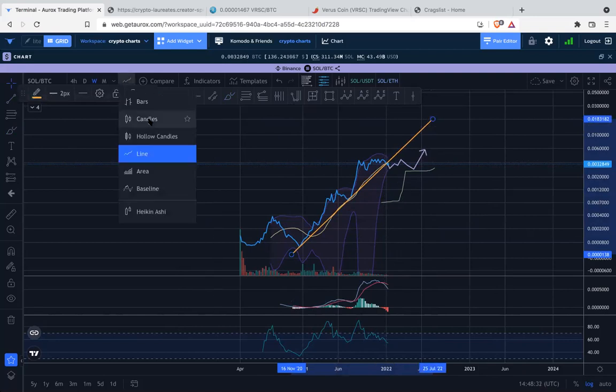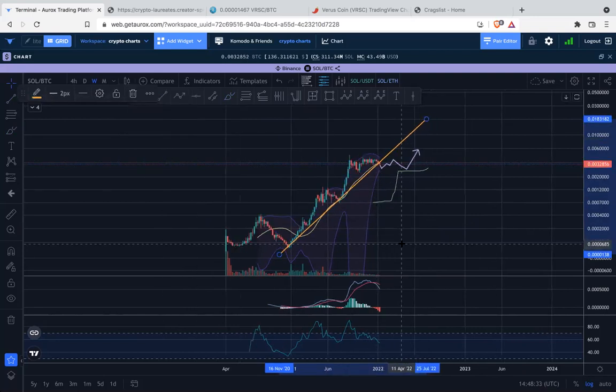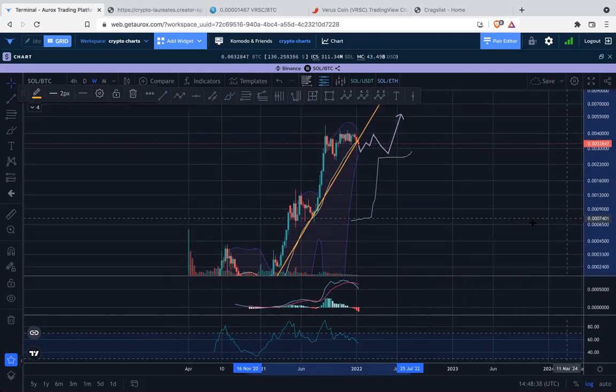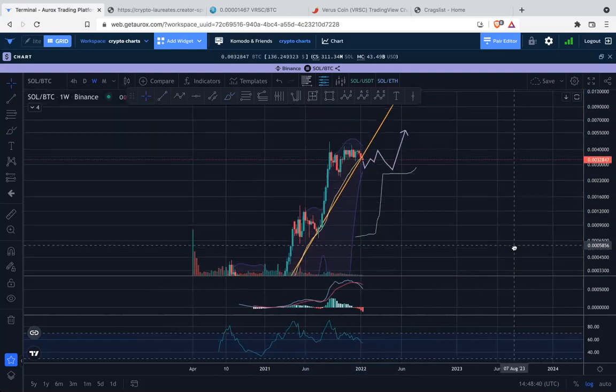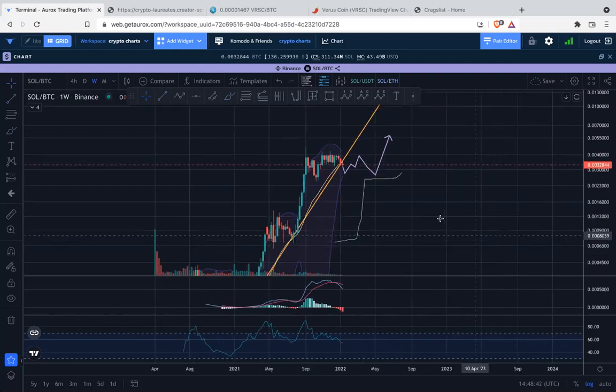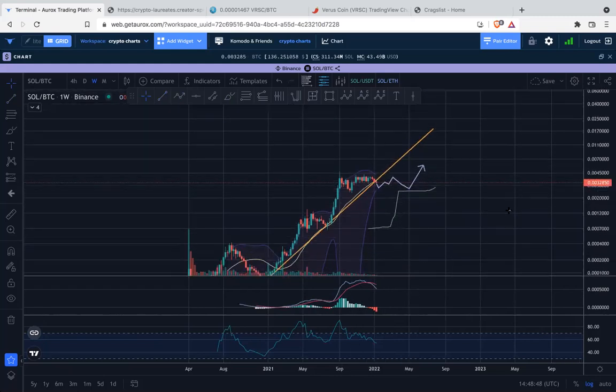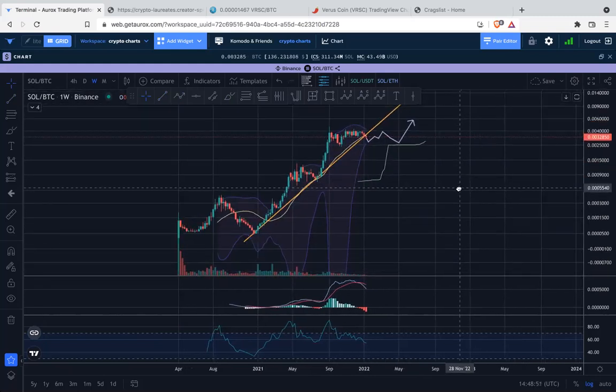Let's look at some of these candle structures. It's so nondescript over here. There's definitely a chance that it could just be another correction before moving higher, similar to some of those Binance corrections.